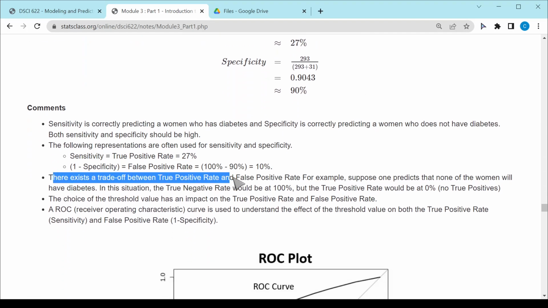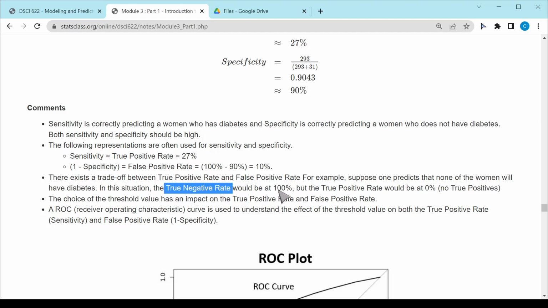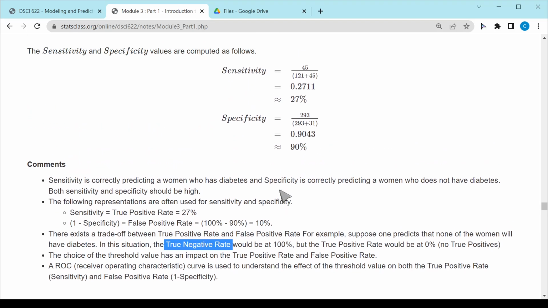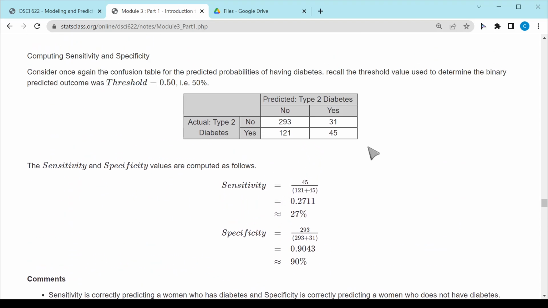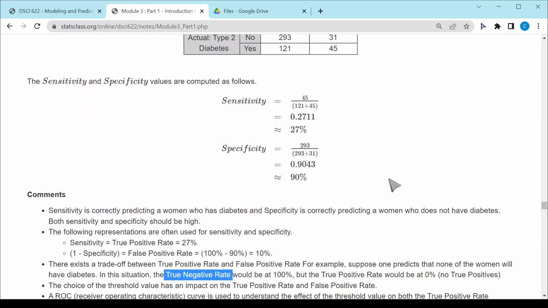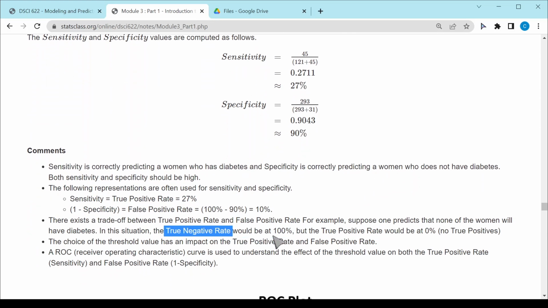Okay, there exists a trade-off between the true positive rate and the false positive rate. Again, for example, suppose one predicts that none of the women have diabetes. In this situation, the true negative rate is going to be 100%. So if I just say nobody has diabetes, then I'm going to have a true negative rate of 100%. But the true positive rate is going to be 0.